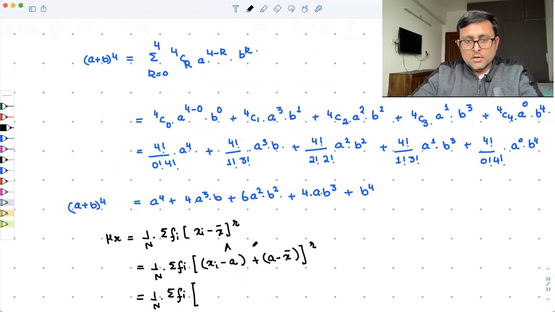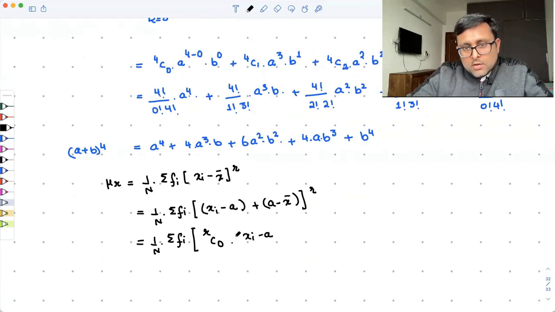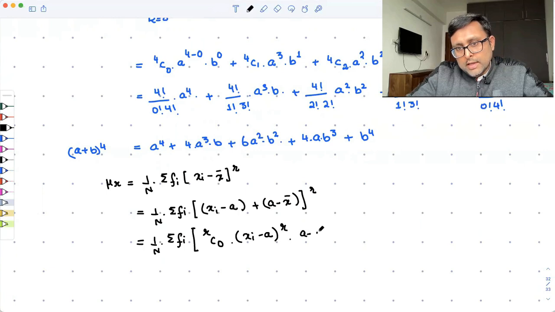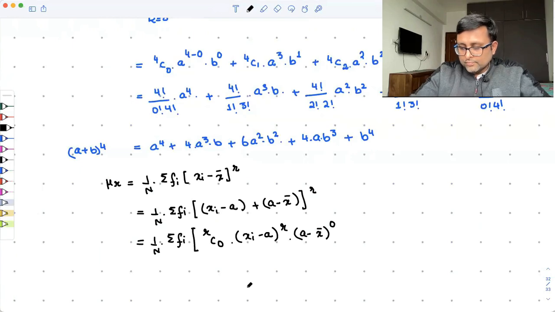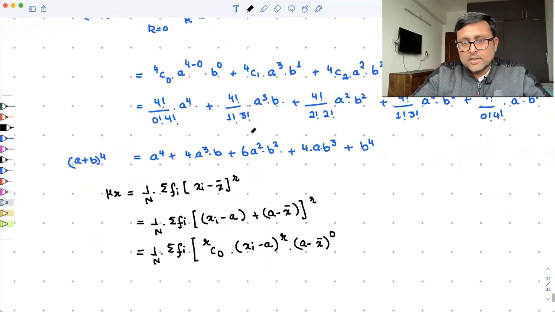So you have rC0 into xi minus a to the power r into a minus x bar to the power 0. This is exactly the same as 4C0 a to the power 4 minus 0 b to the power 0. That's what you have been doing out here, just expanding it using the binomial theorem.